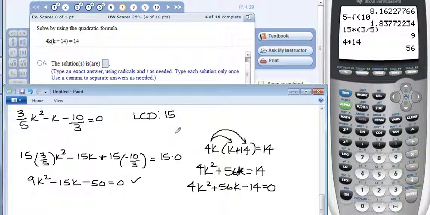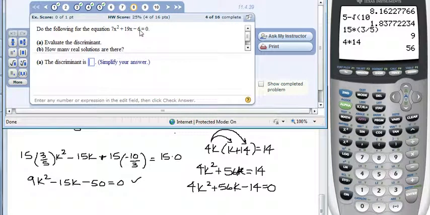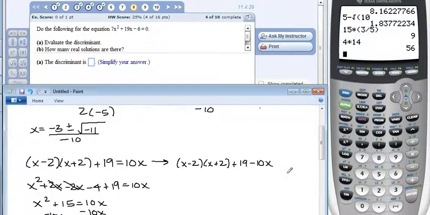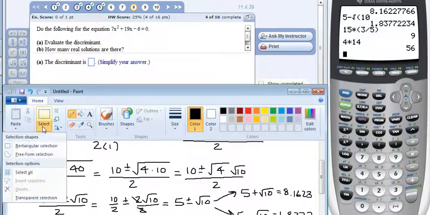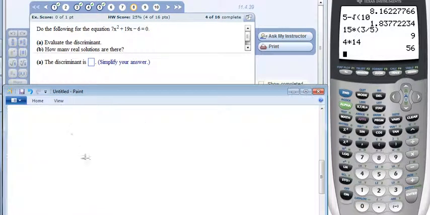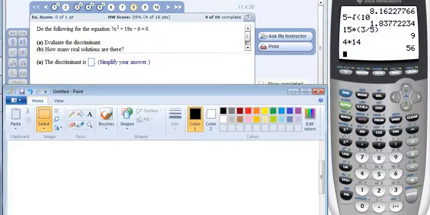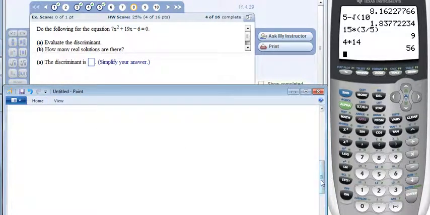All right. So, what do we got going on here? Well, we've got something called the discriminant. Am I already at the bottom of my screen? I am. All right. Okay, so what is the discriminant? Well, it's a piece of the quadratic formula that sits underneath the radical sign.